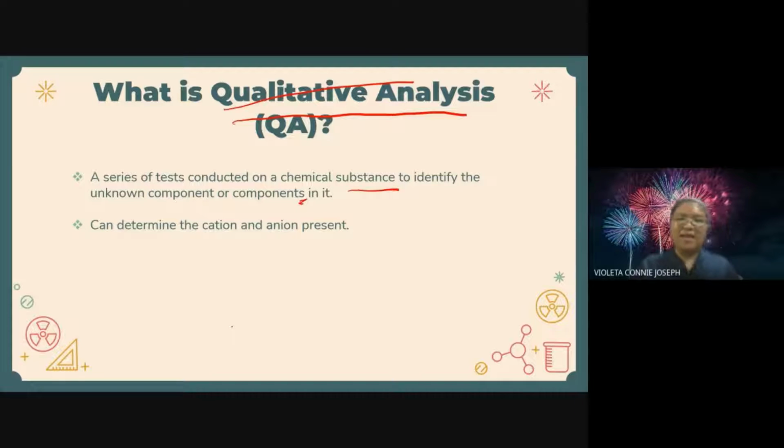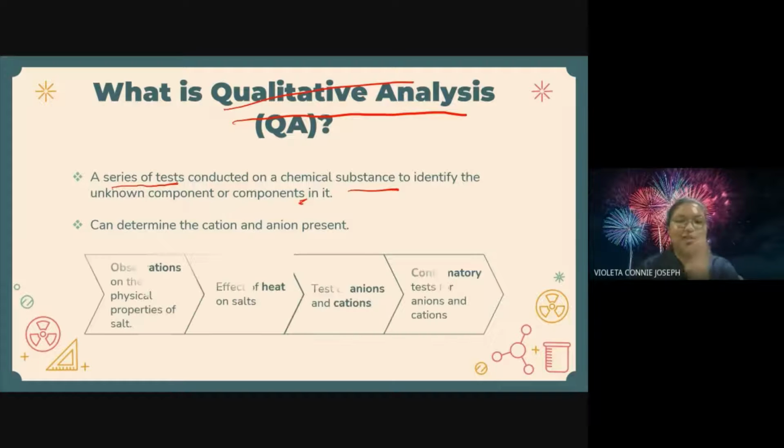So basically, you get to know the cation and anion present in the salt. It is a series of tests, and this is the first step, then the second, third, and also fourth.